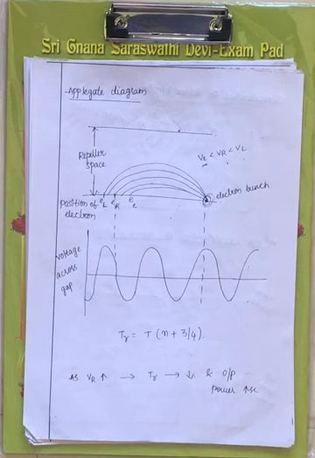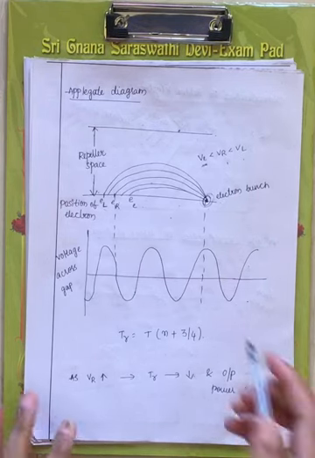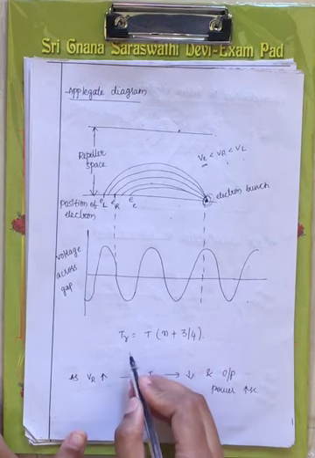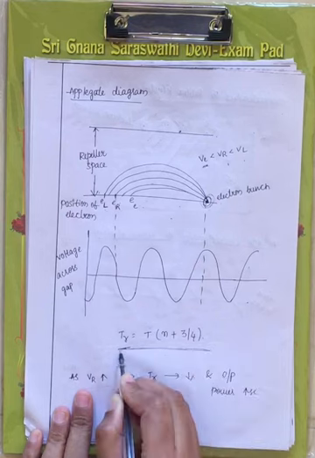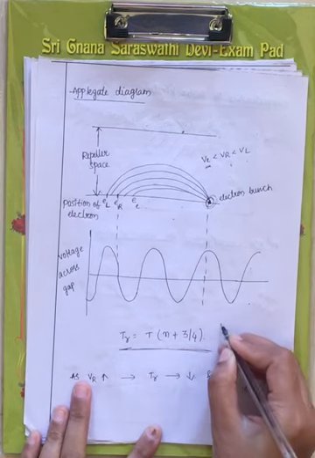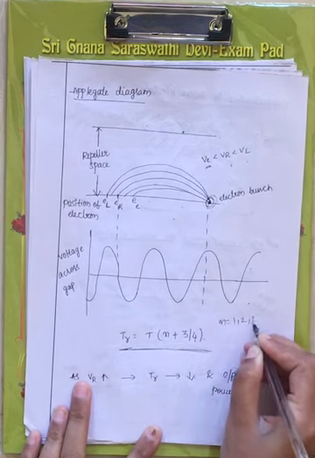Now the time taken to form the electron bunch is given by Tr. The time taken to form the electron bunch is given by T of n plus 3 by 4, where n is varying from 1, 2, 3, and so on, right?